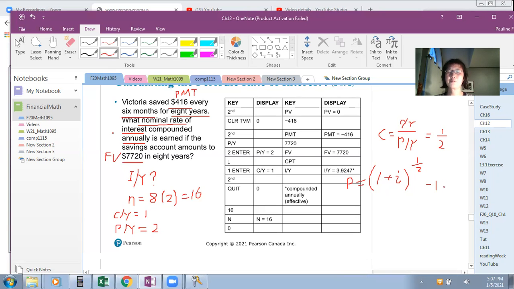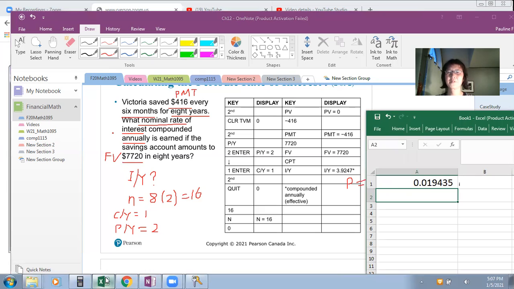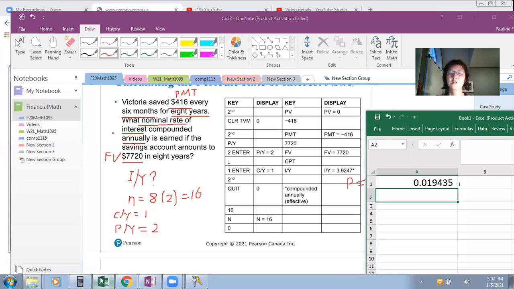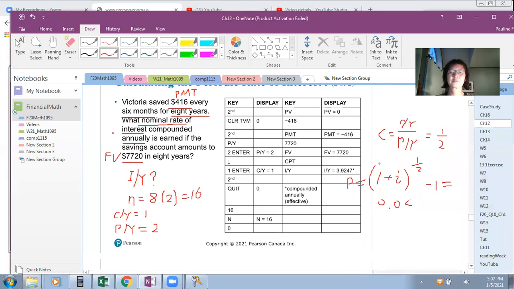This number we get from Excel. The number you get from Excel is P, 0.019435. Okay.